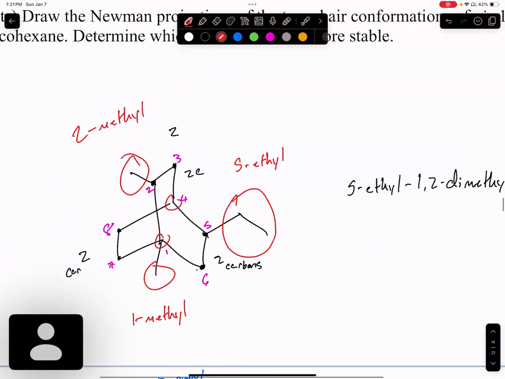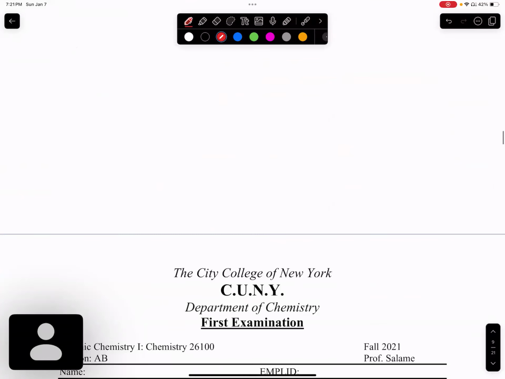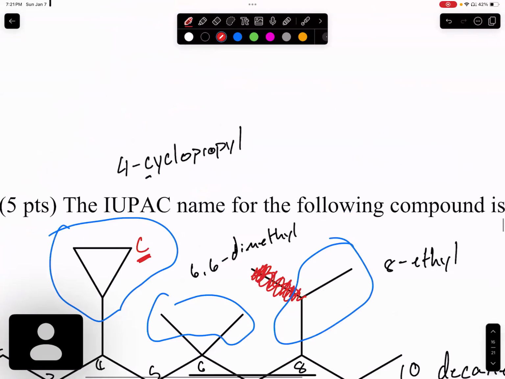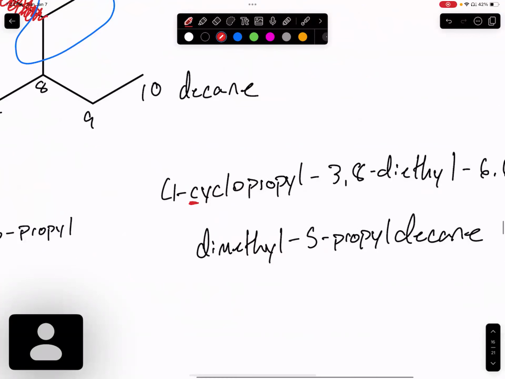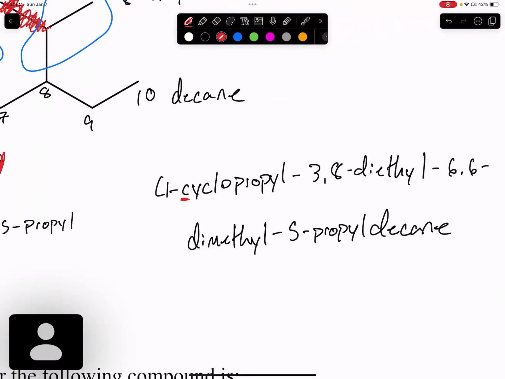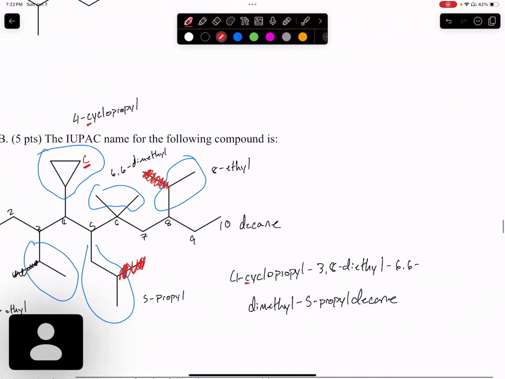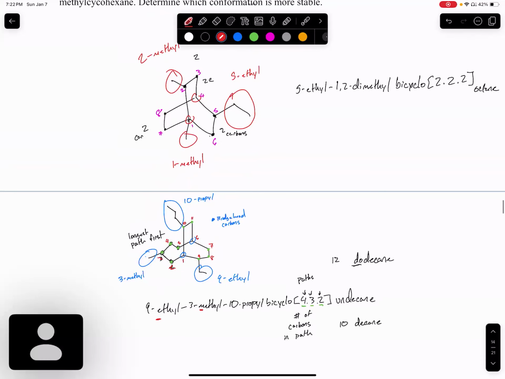In the previous naming question that we did at the bottom, we used C as our first alphabetical because it was a cyclohexane, or a cycloalkane rather. Got it. Thank you. Cool.